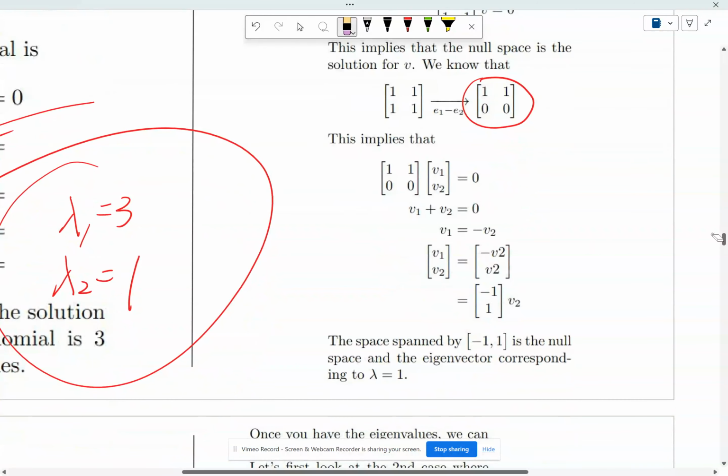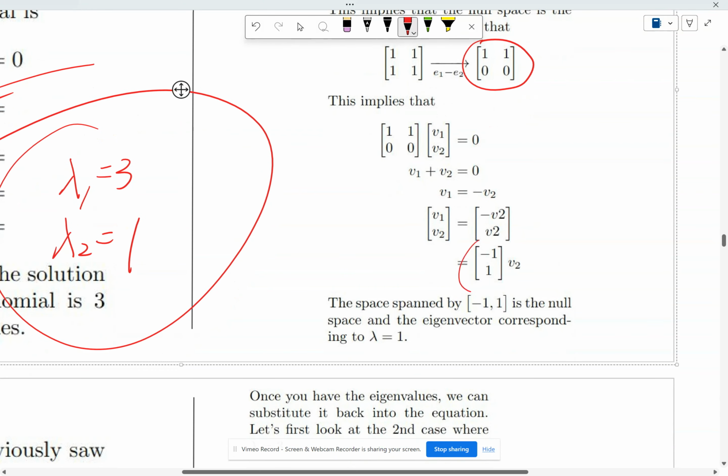Now we can represent the solution where v1 is minus v2 and v2 is v2. At this step, remember, we are representing all the pivot variables with the free variable. v1 is a pivot or leading variable. v2 is a free variable.